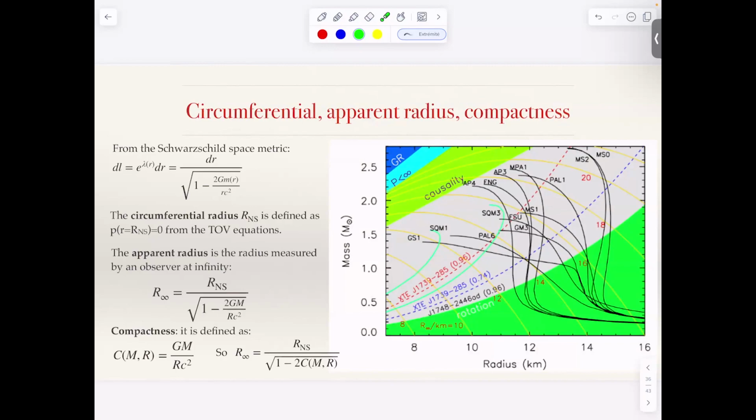This is what is called the apparent radius, the radius at infinity for an observer who is far from the neutron star, and it is different from the radius that you obtain by solving the TOV equations.